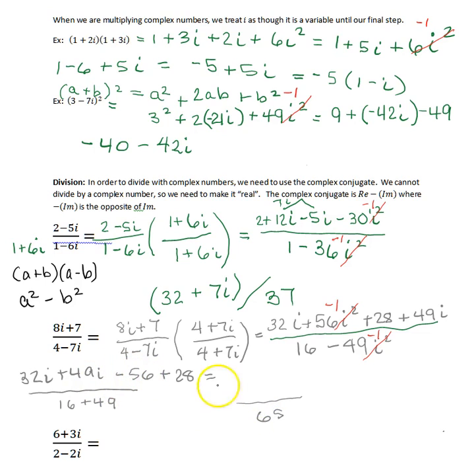And here I'm going to have a -28 when I collect these two together. And then here I'm going to have 81, plus 81i. Gotta put the 1 before I put that i. So 81i.